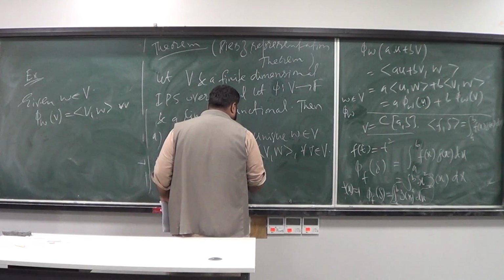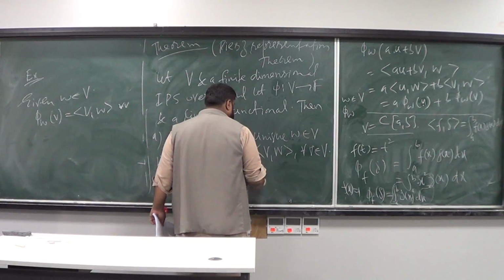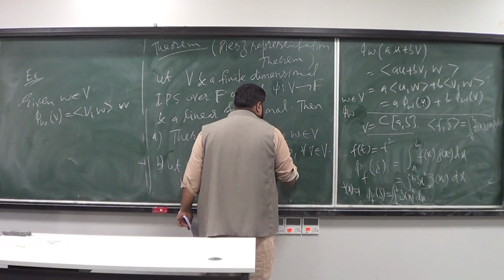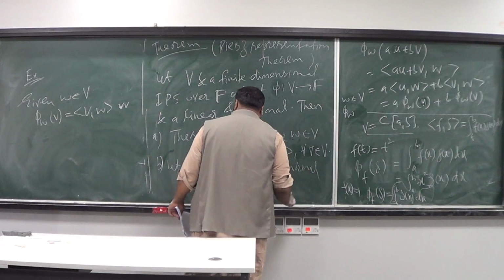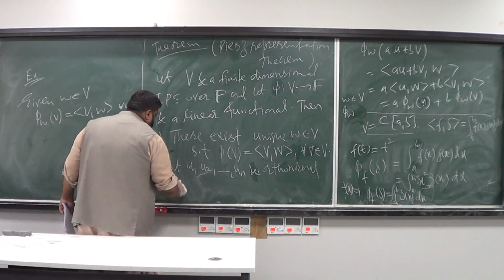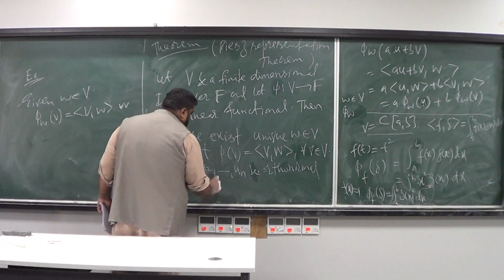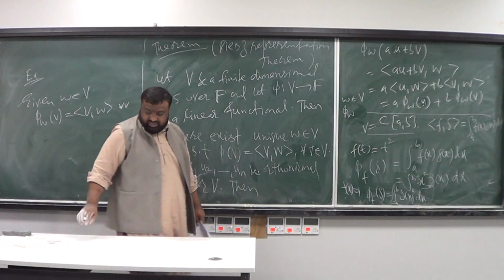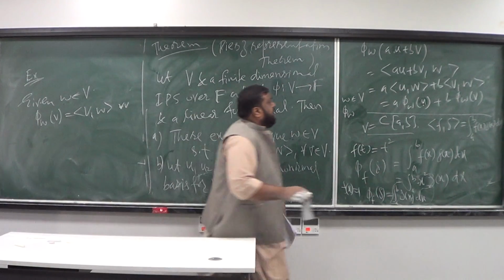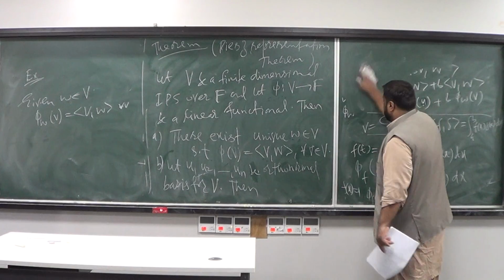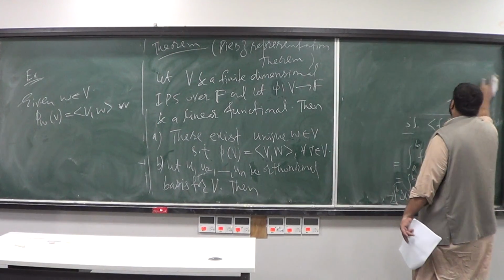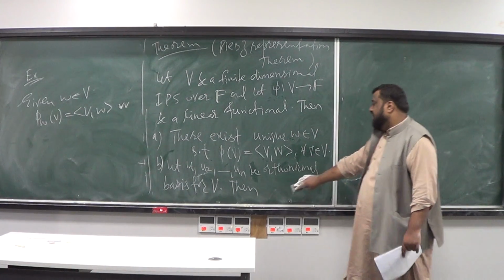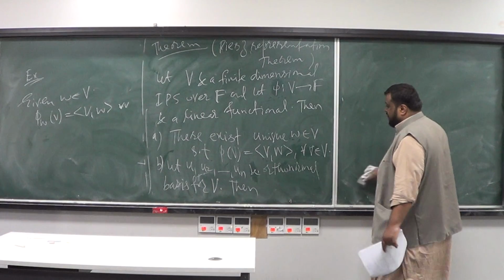Then, if u1 through un is an orthonormal basis for V, this mysterious w you can find easily through the orthonormal basis.